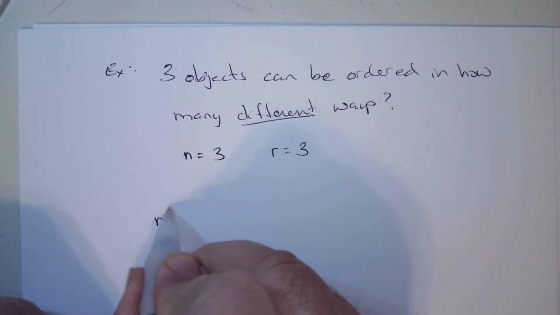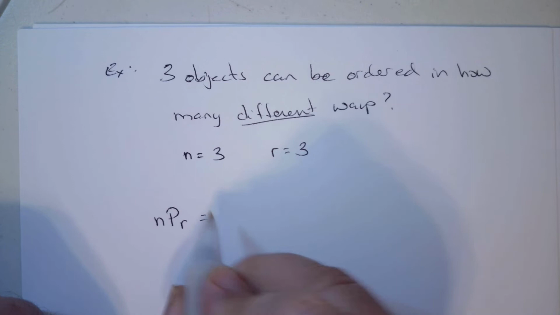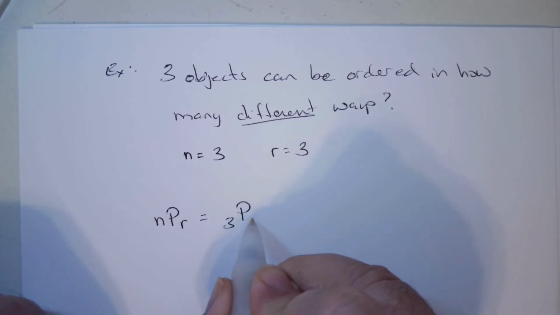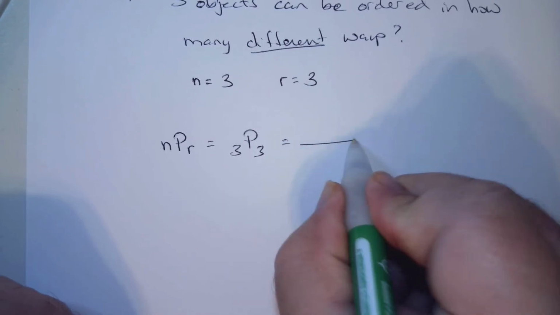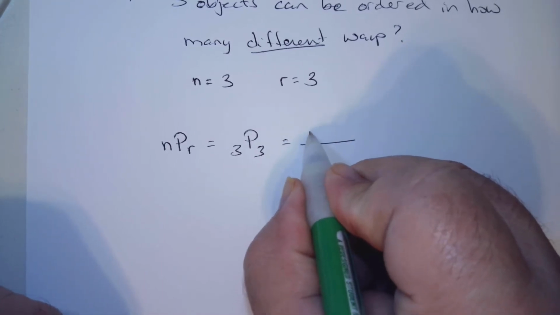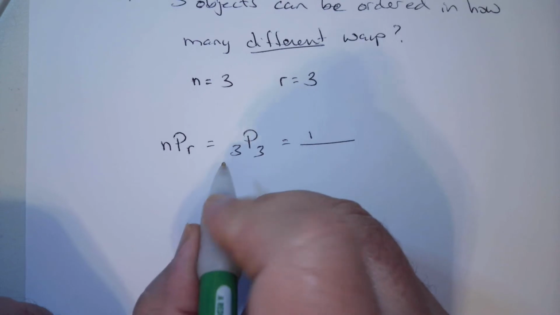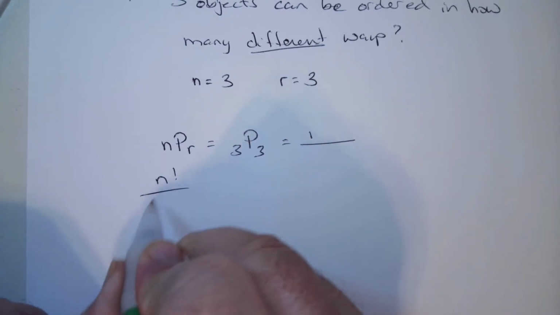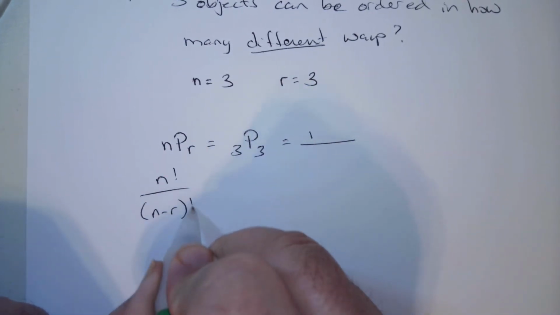So our formula nPr becomes 3P3. Remember, it's n factorial over n minus r factorial.